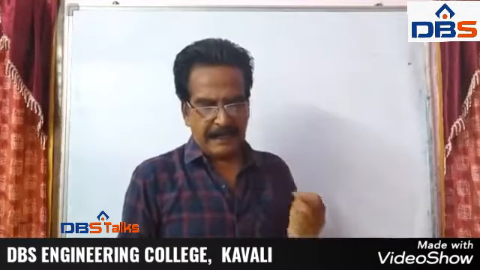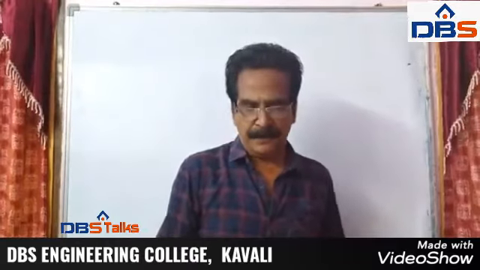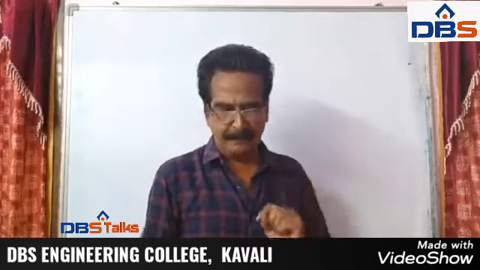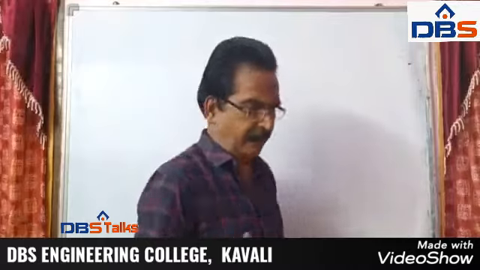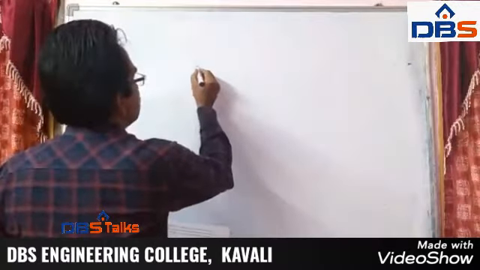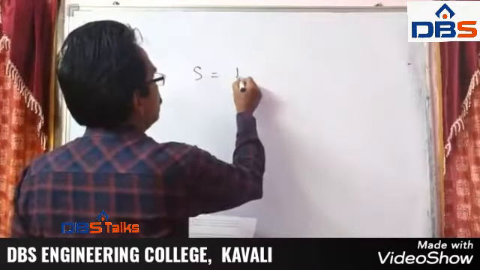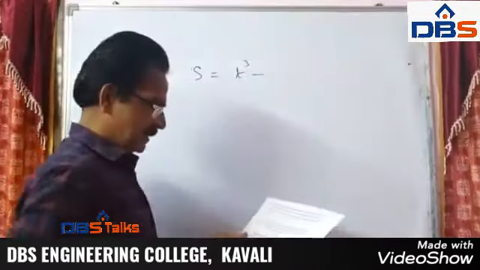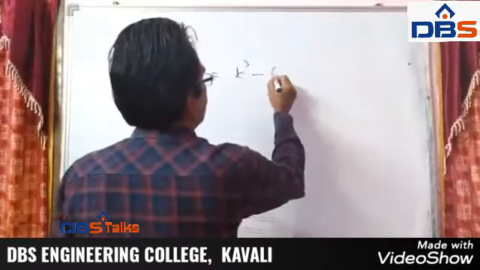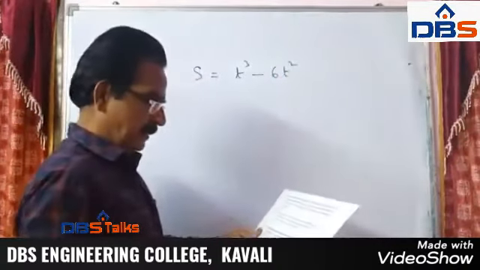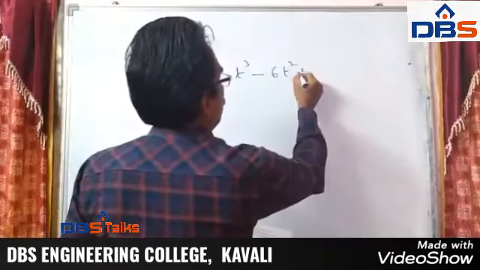See friends, today our first problem is: a particle moves along a straight line such that its displacement at any time is given by s is equal to t cubed minus 6t square plus 3t plus 4.